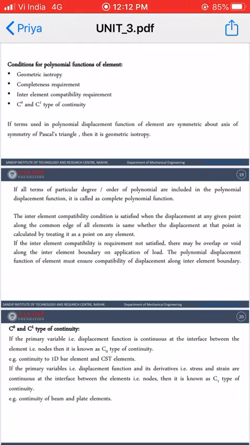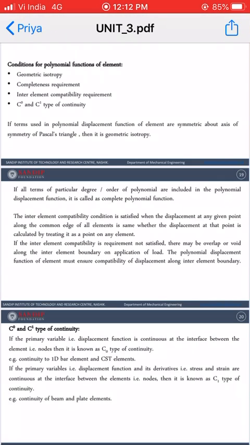For example, if we consider a linear two-dimensional polynomial shape function such as a1 plus a2x plus a3y, the a1 term provides for the rigid body displacement. Hence, to satisfy the requirement of the rigid body displacement, there should be one constant term in the selected polynomial shape function. So this is about your rigid body displacement requirement.